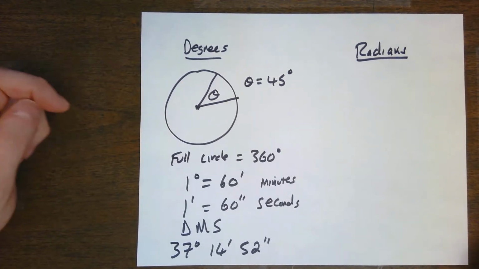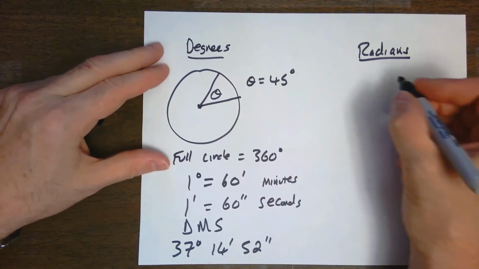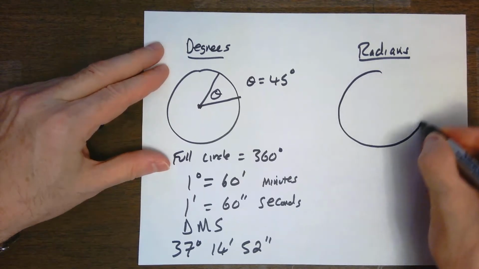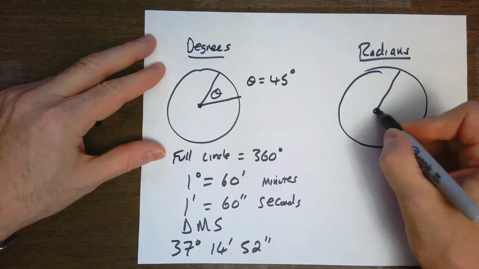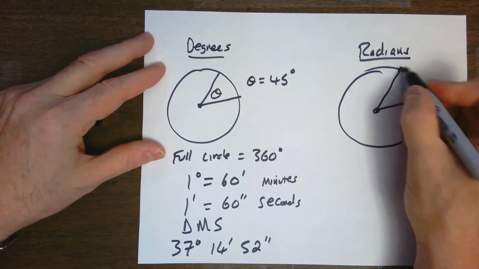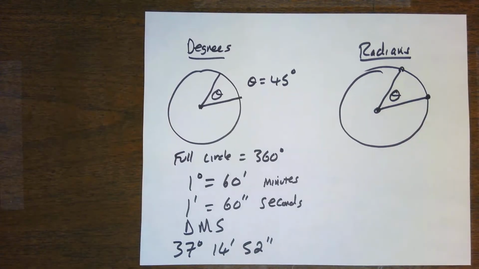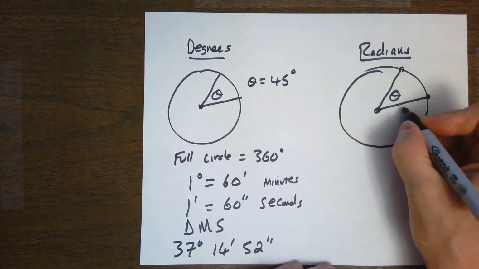All right, so this might be a lot of new stuff here. Again, I want you to think about a circle. And I want you to think about an angle in a circle. And I'm going to call the angle theta again. But this time, the important things are the radius.